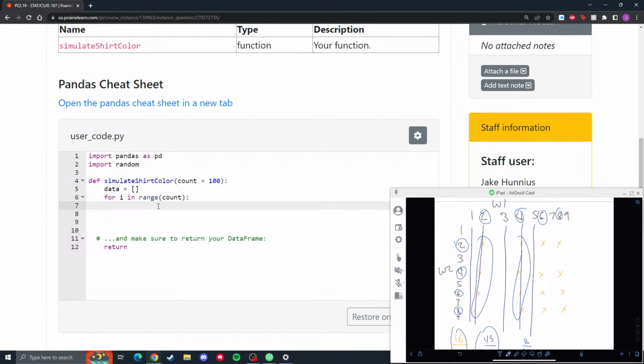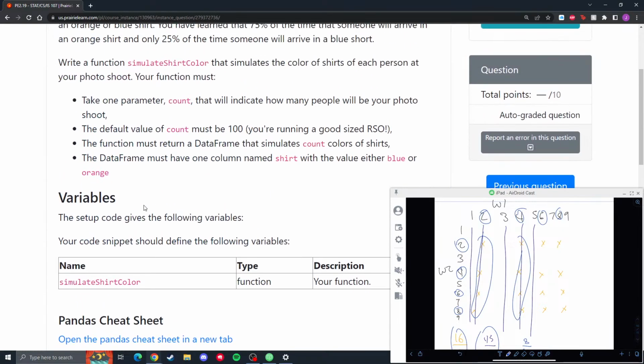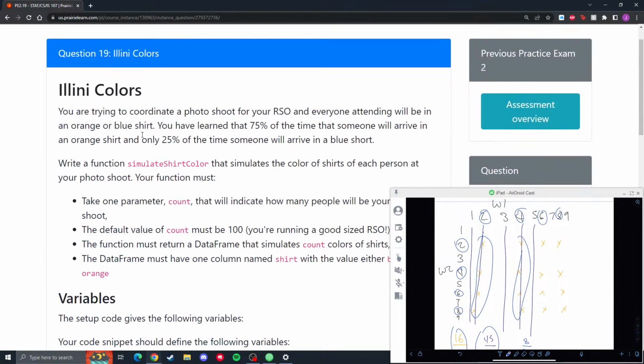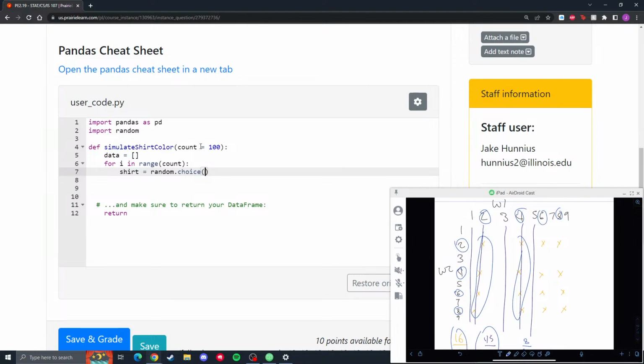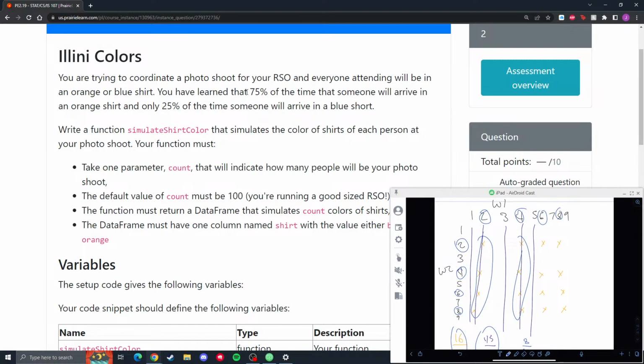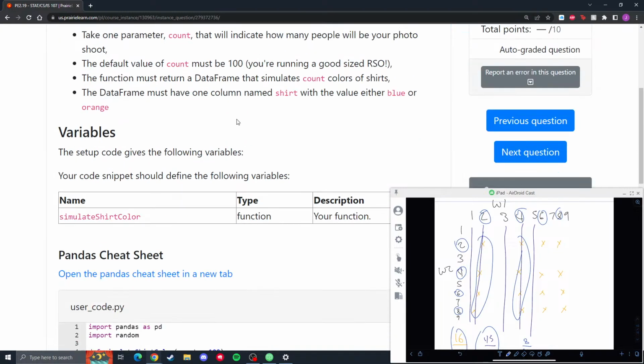And then we need to create a shirt variable. We're going to use random.choice because we want to use orange or blue instead of numbers. So we're going to do a list of 3 orange to 1 blue, because that is 3 oranges out of 4 total shirts, which is 75%, and 1 blue, which is 25%, which is exactly what we're looking for.